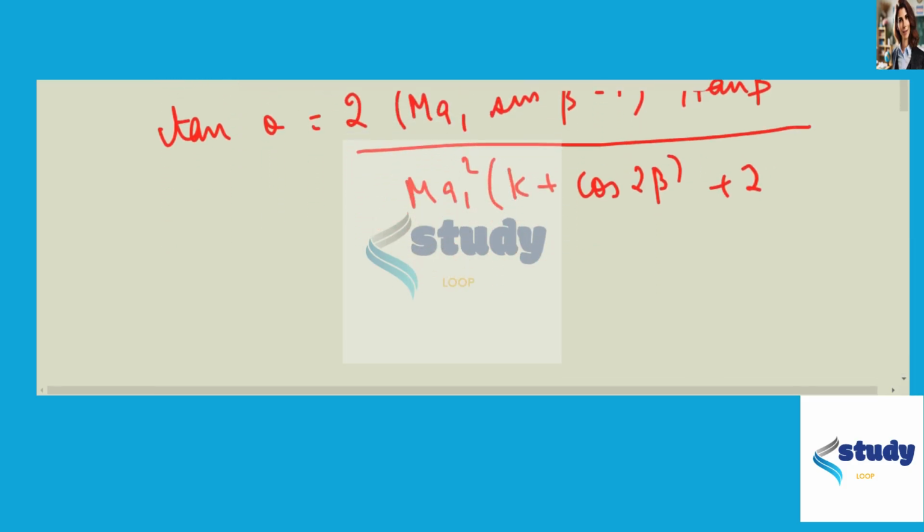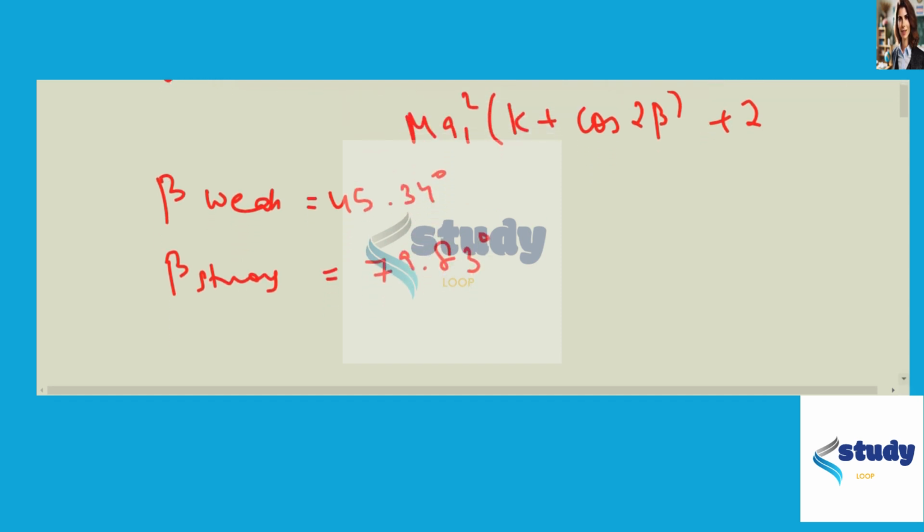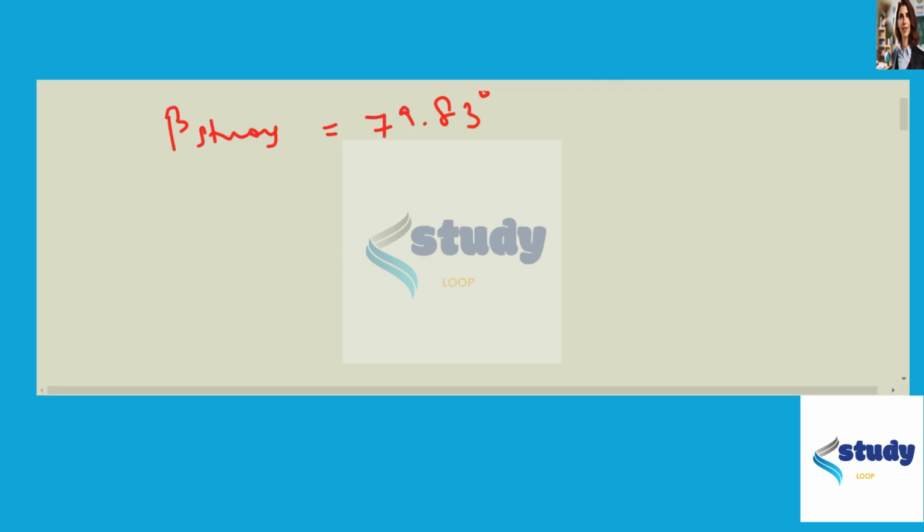Keeping these things, for beta weak we get 45.34 degrees, and beta strong we get 79.83 degrees.